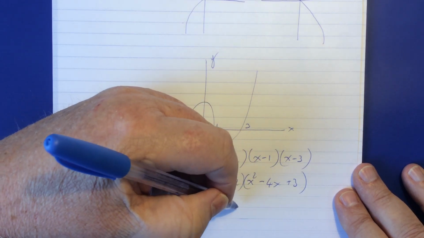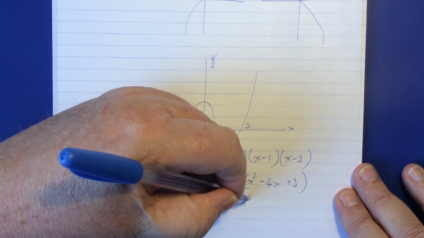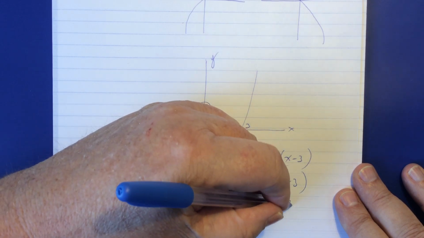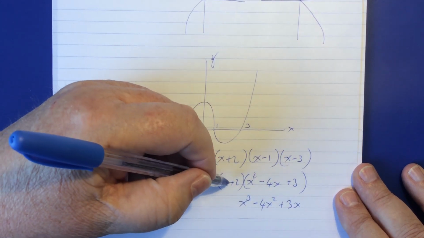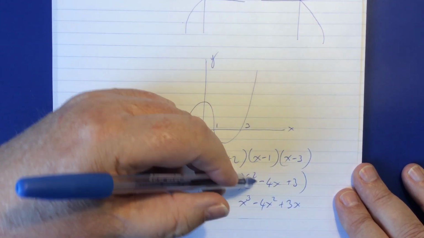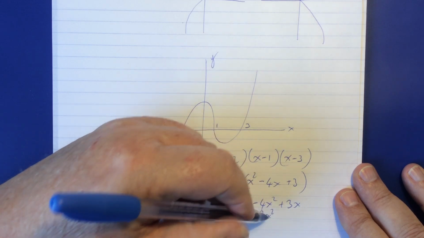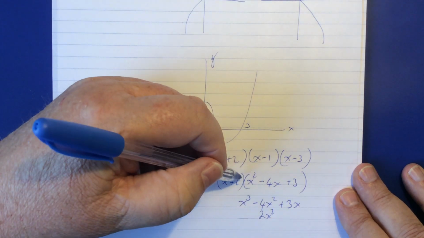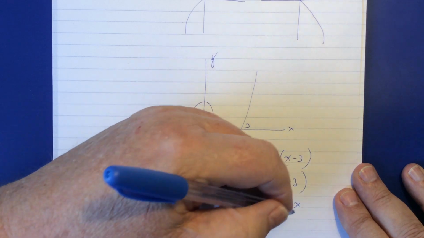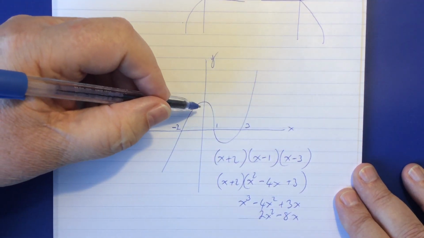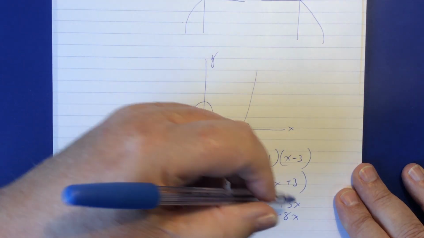So I'm going to multiply through by x first, and I get x cubed minus 4x squared plus 3x. And then I'm going to multiply through by 2, and I get 2x squared, note that I'm working in columns, minus 8x plus 6.